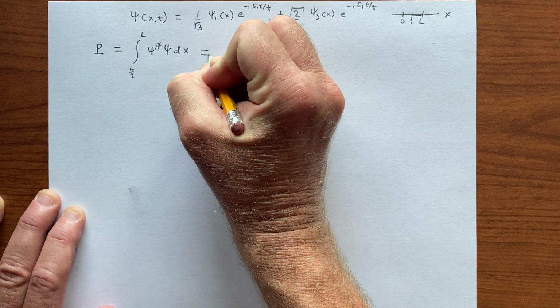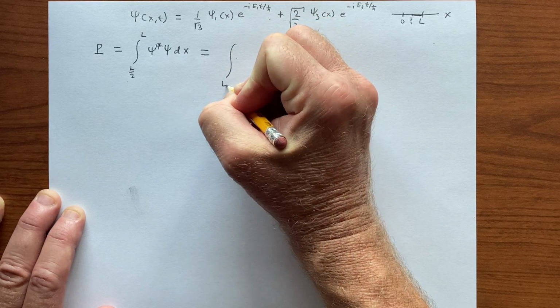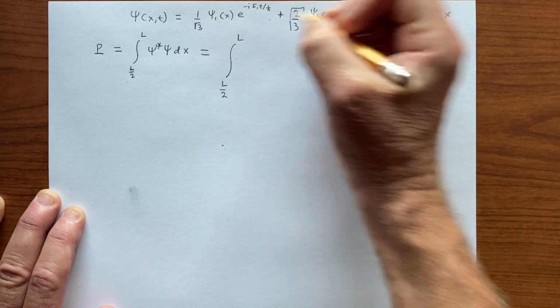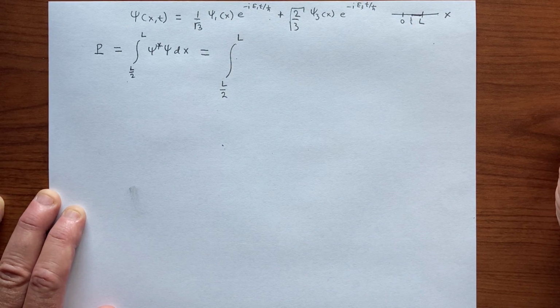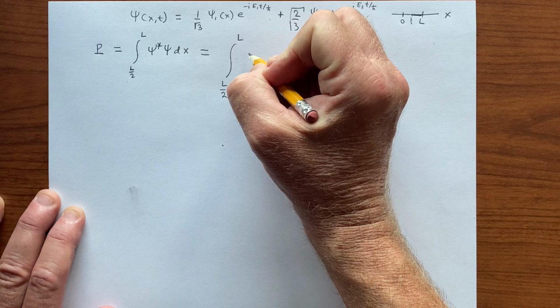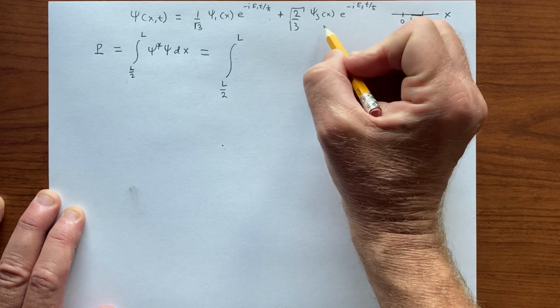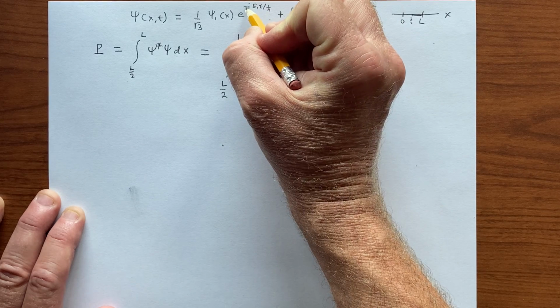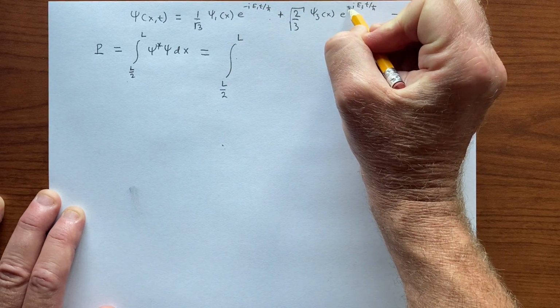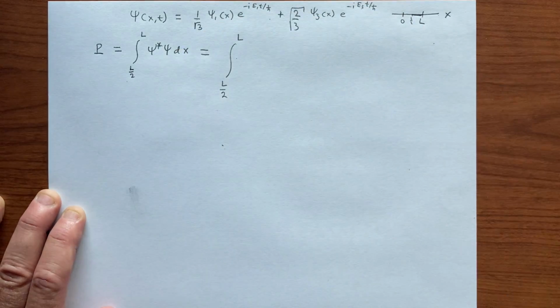So when we write this out, we're integrating from L over 2 to L. What is psi star psi? So psi star is the same thing as psi, except that this becomes positive, and so does this. And so then, therefore, we have three terms.